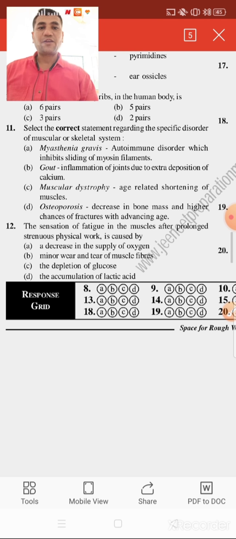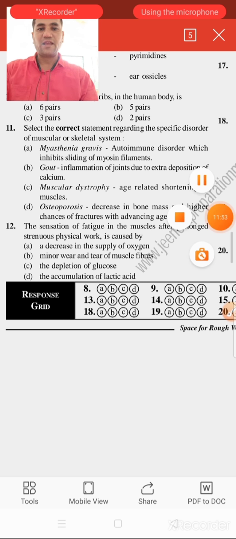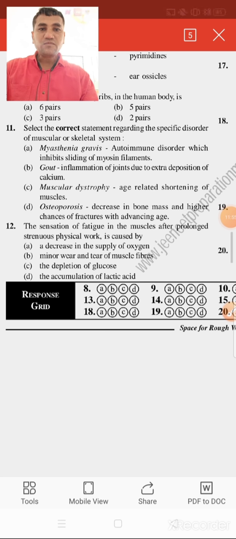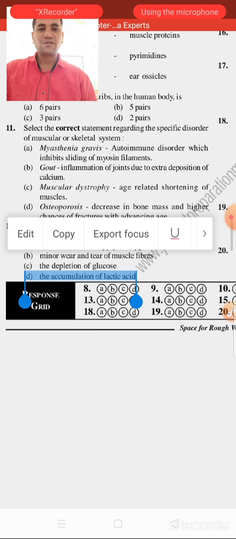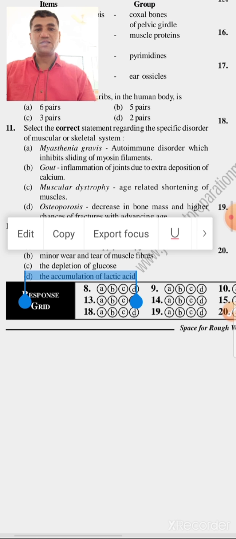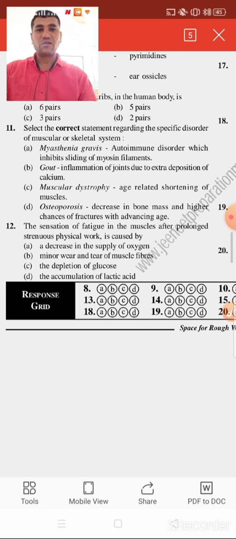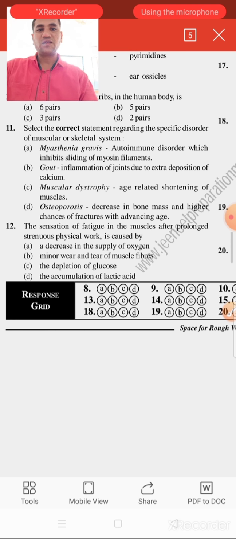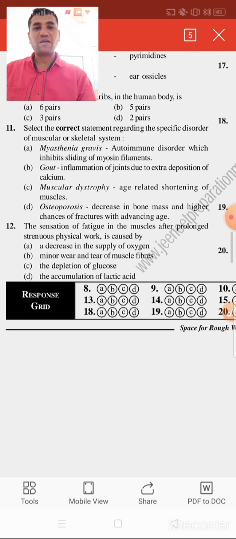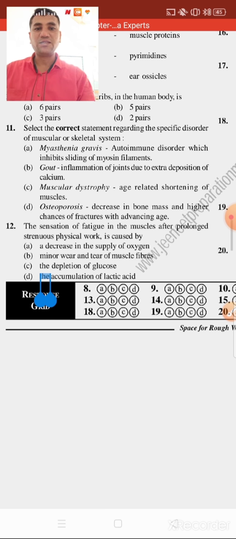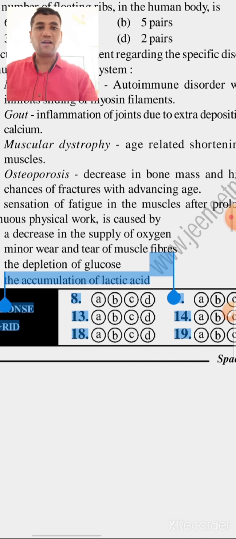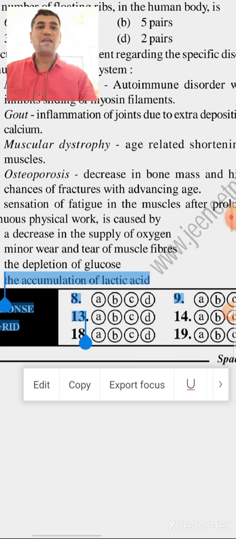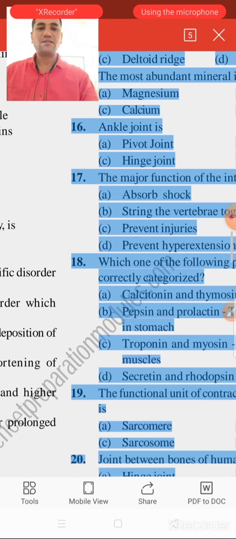So here the accumulation of lactic acid will lead to it. In prolonged strenuous exercise, there will be accumulation of lactic acid.